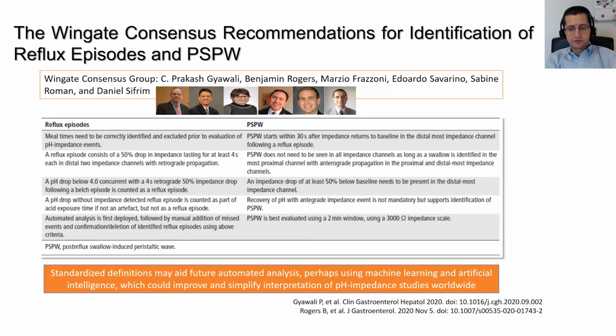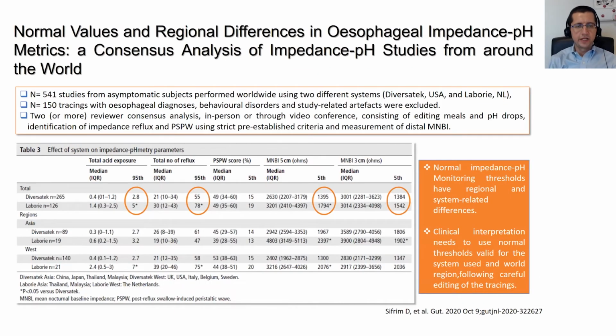Again, last year in 2020, we published the largest collection of normal values from impedance pH studies performed worldwide using 2 different systems, the Diversatech and the Laboris system.